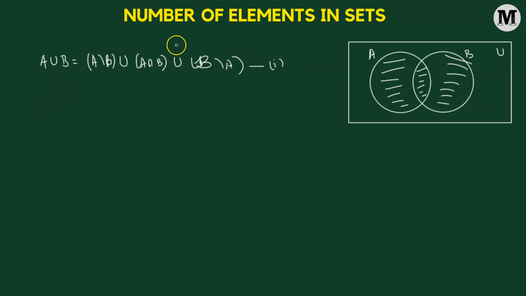Now, using this, we need to find out the total number of elements in the intersection between the set A and B. Okay, so how do we do that? First, let's try to use this and expand it.